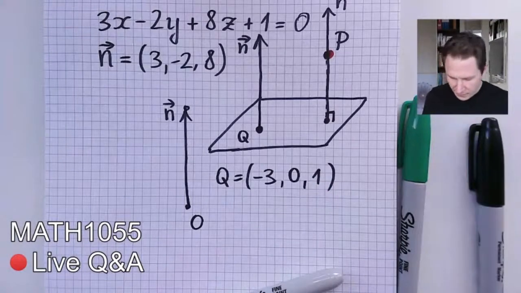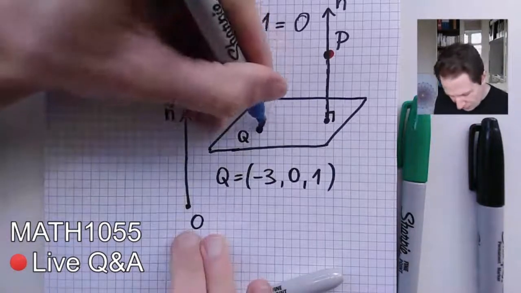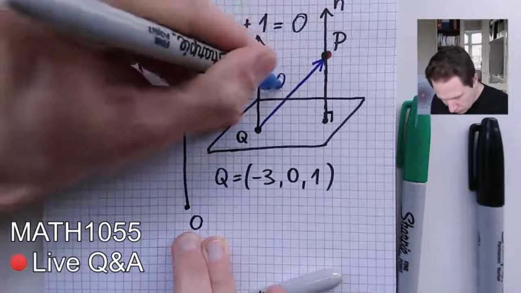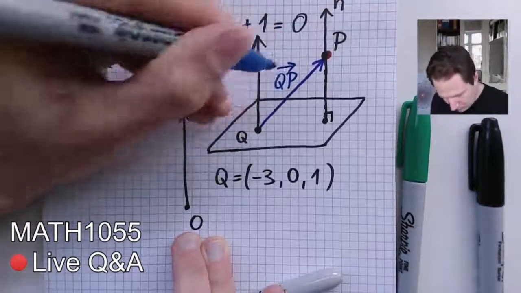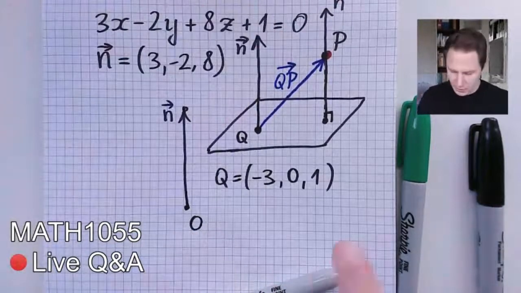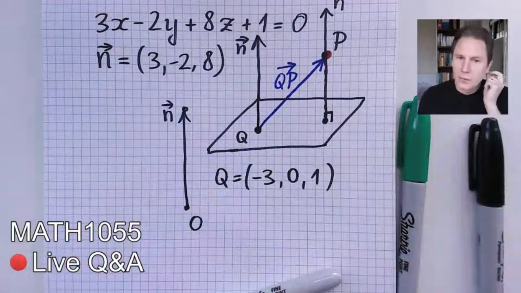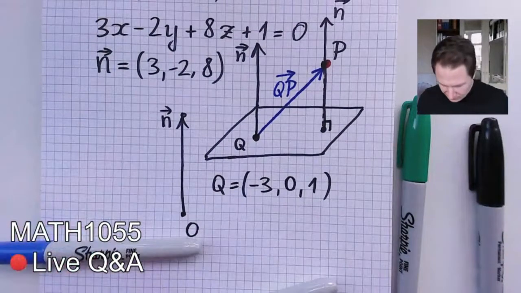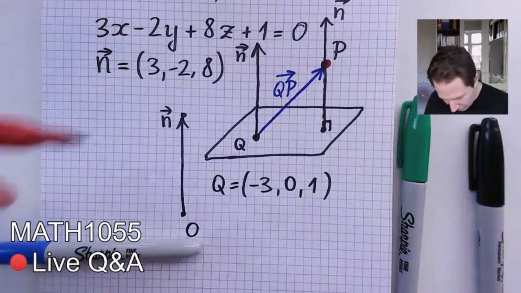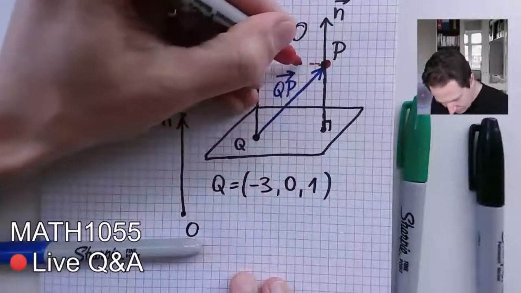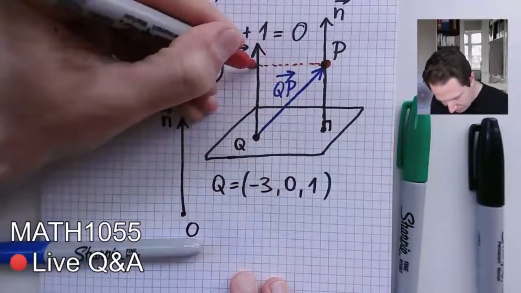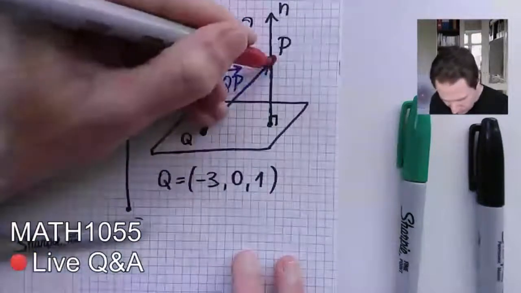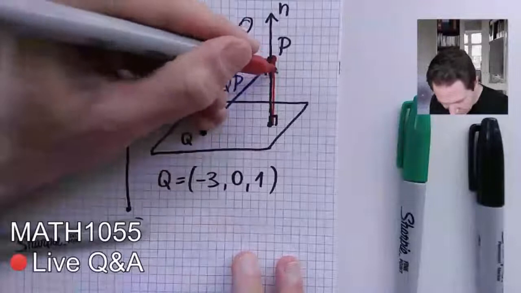And now if I connect P and Q, so if I go from Q to P, and consider this vector, now you can see where this is going, because basically this distance from the plane is nothing but the length of this vector. Okay, I could draw it over here as well, it doesn't matter.